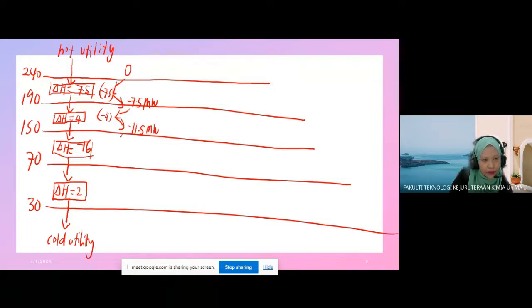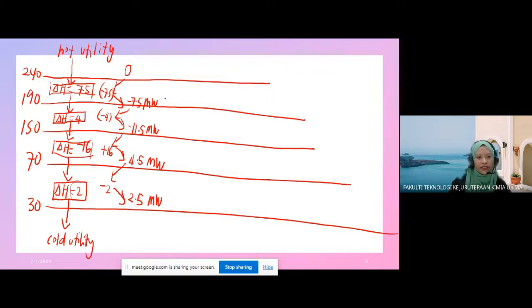Going down, cascading the heat, this one minus negative 16, so plus 16, you get 4.5 megawatt. Then this one minus 2, you get 2.5 megawatt. Right, now you have a negative value of heat flow, so this is not feasible.